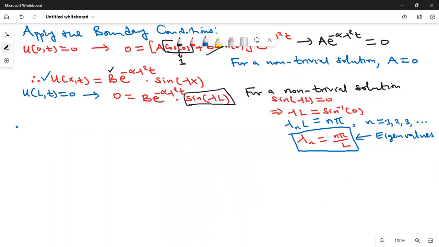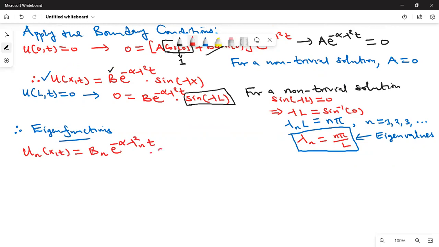So you say therefore, the corresponding eigenfunctions are given by u subscript n of x,t being equal to, there will be so many of these constants b, so we talk of b subscript n exponential negative alpha lambda n squared t times sine of lambda n x.